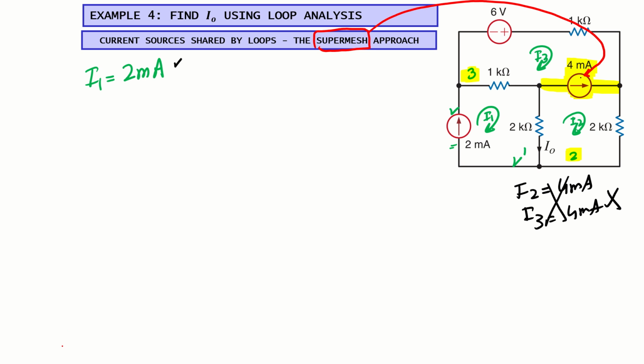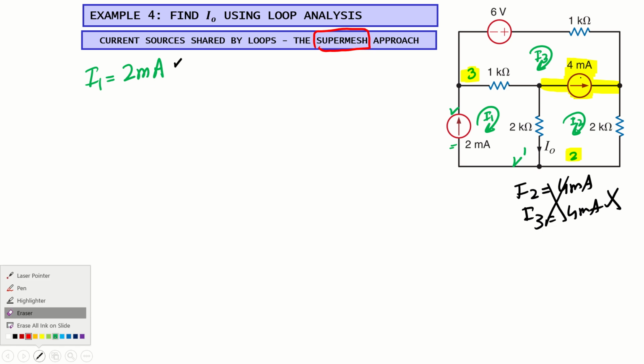In a supermesh we use a similar approach as in the node cases. We write one equation for the supermesh. This is the 4 milliampere source, shared between the I2 and I3 loops. I2 is flowing this way, and I3 is coming this way.